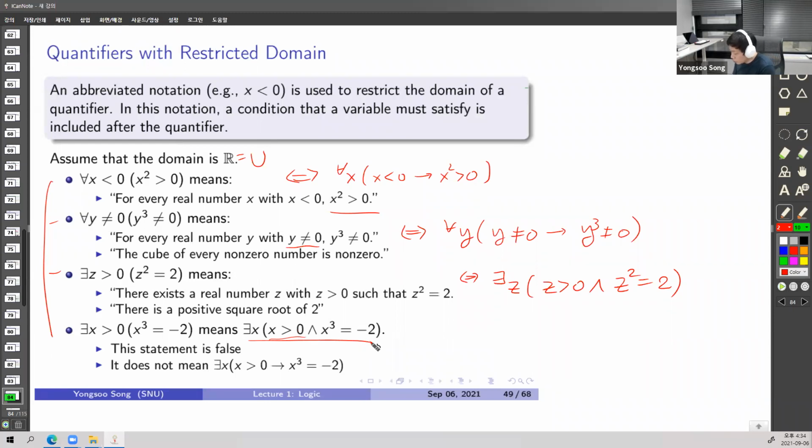But I want to point out that, different from the universal quantifier, these two statements are different. So this restricted domain doesn't mean this. And in fact, this statement is true.